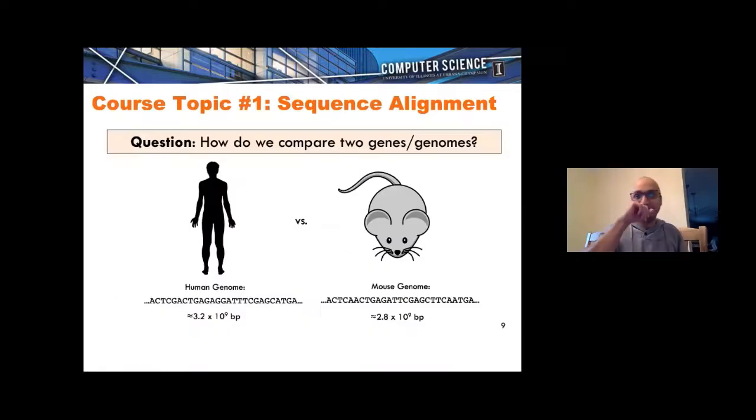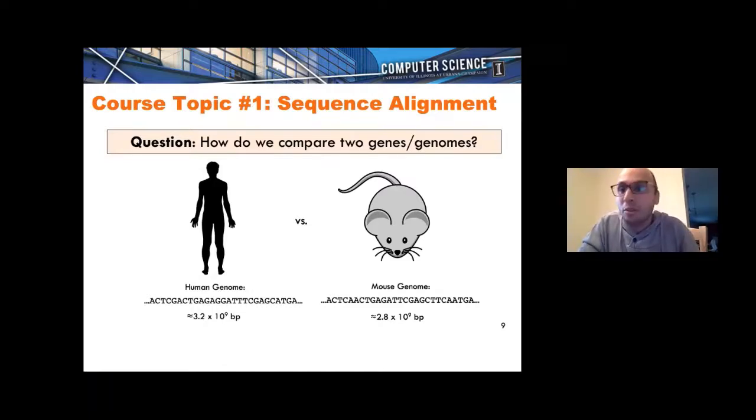Good. So let me just go over the course topics, because that will also give you an introduction to the field. The first key topic that we cover is sequence alignment, and the underlying biological question is how do you compare two genes or genomes. For instance, when we look at a human genome versus a mouse genome, they have different lengths.